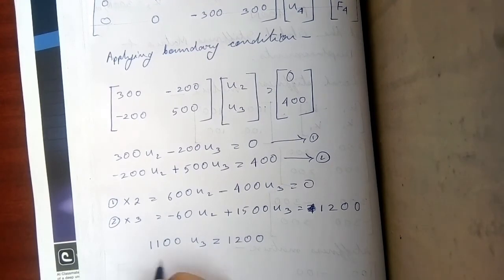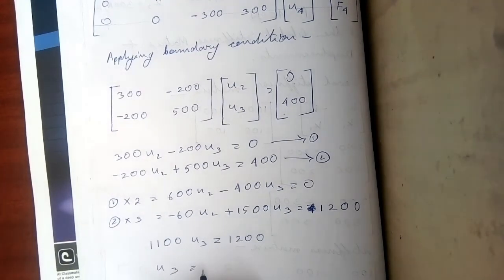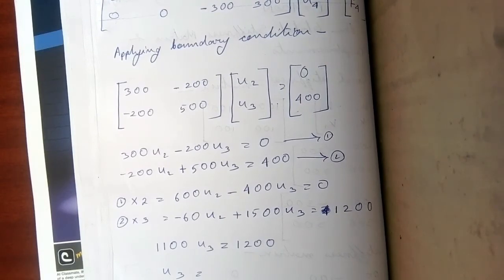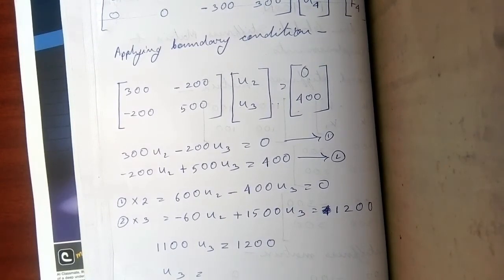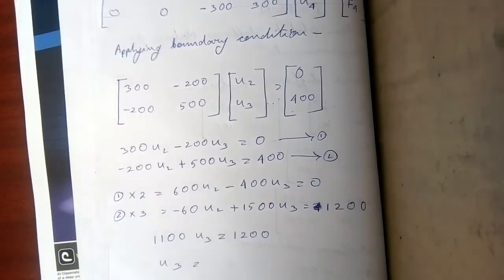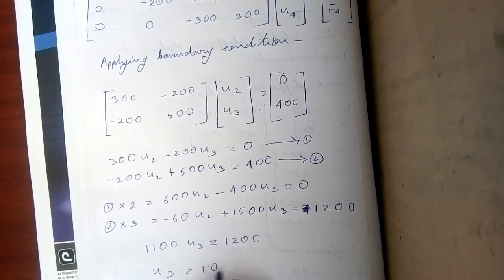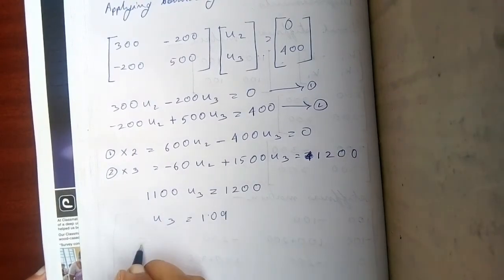So U3 will become, just calculate it, it is 1.09. And now put the value of U3 in equation 1.